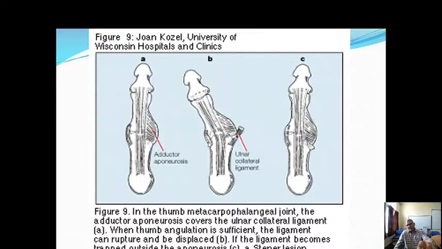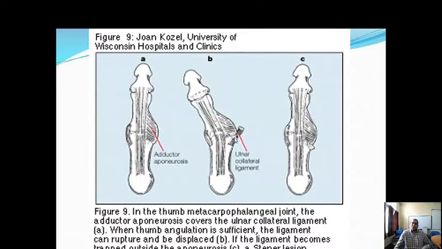Whenever there is a tear in the ulnar collateral ligament, the joint stretches and the ulnar collateral ligament falls out, and it is covered by the adductor aponeurosis. Usually the ulnar collateral ligament should be covered by the adductor aponeurosis.